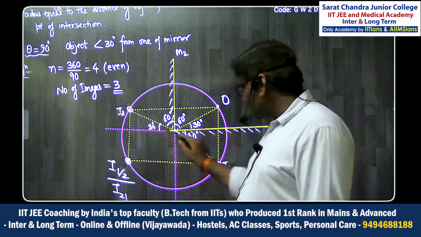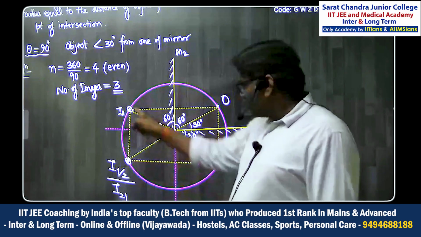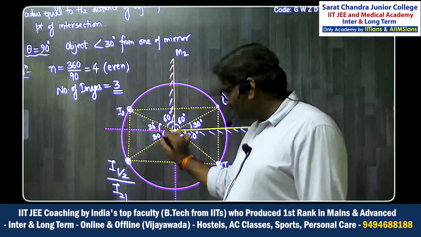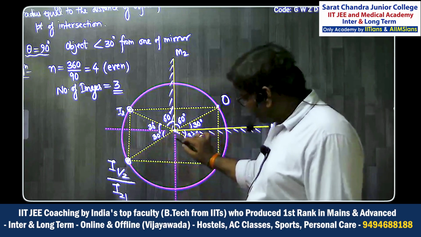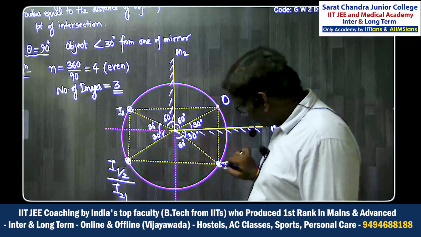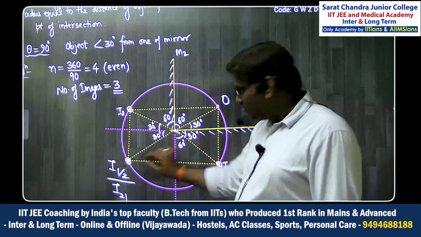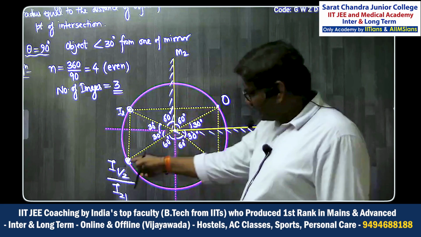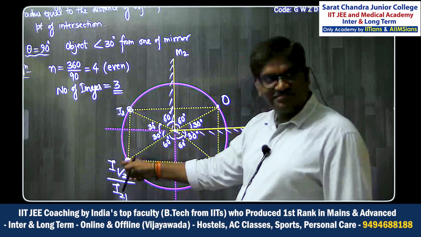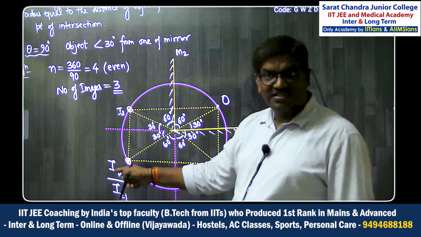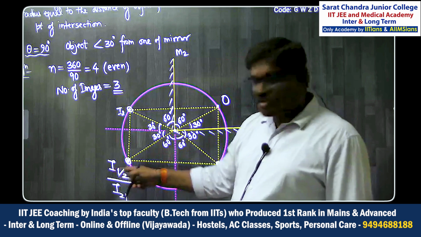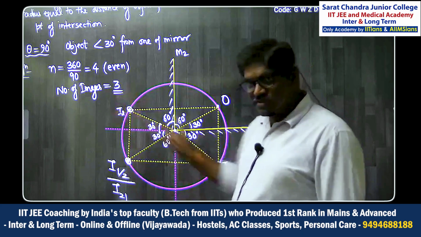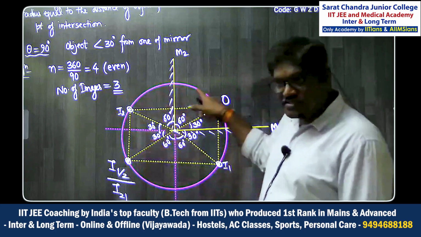So if I draw this line, the image is an object for this mirror. So this angle has to be 30 degrees. How much is this angle? So the image which is formed of I1 by M2, that is also 60 degrees. So is it 360 degrees? And clearly these two images are coinciding. So they are not four images, they are three images, and the third image is coinciding. The two images form together at the same point. So first image, second image, third image, all lie on the same circle.